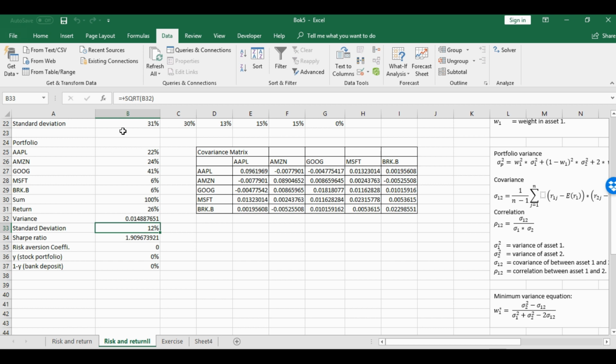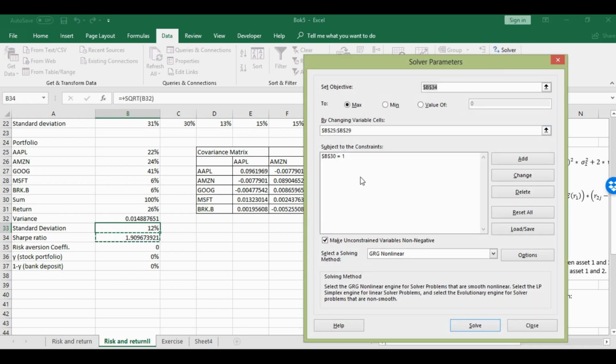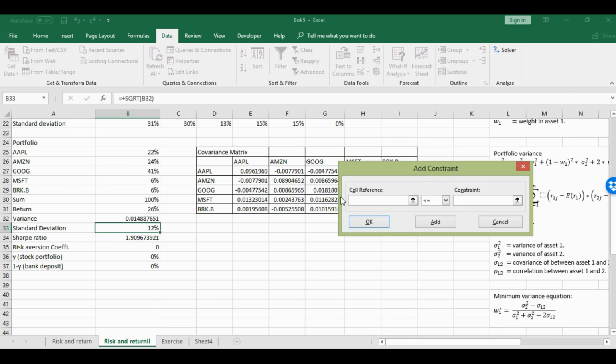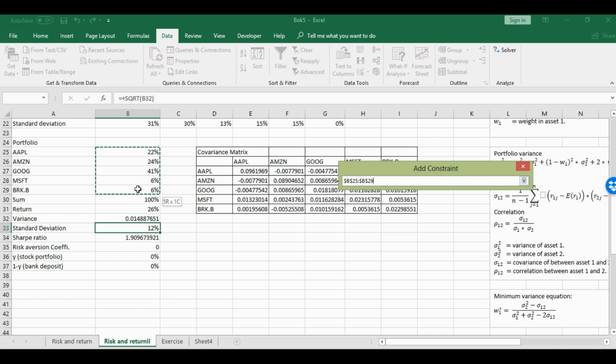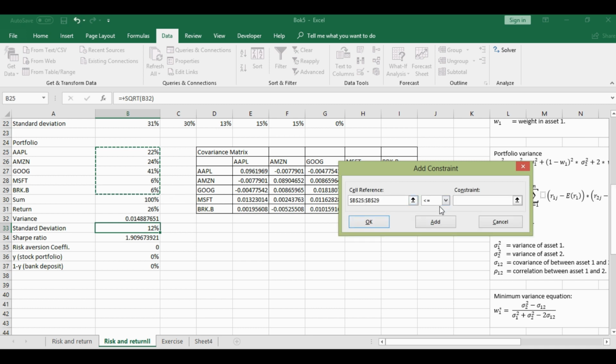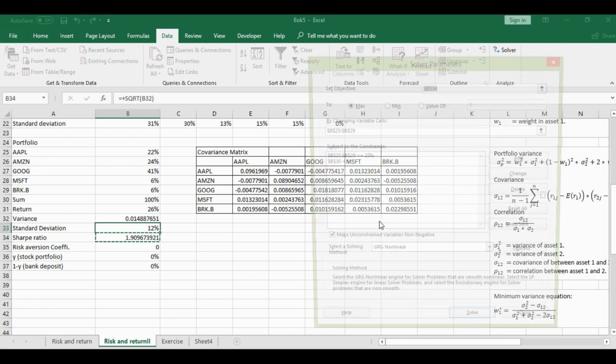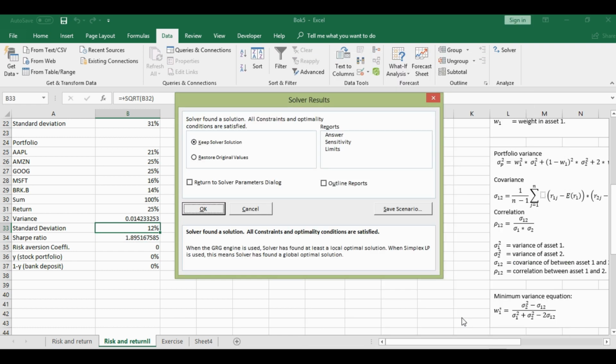We can also set a constraint so that you don't invest more than 25% of your total capital into one company. So solver, add, these cells less or equal to 25%. Okay, solve.